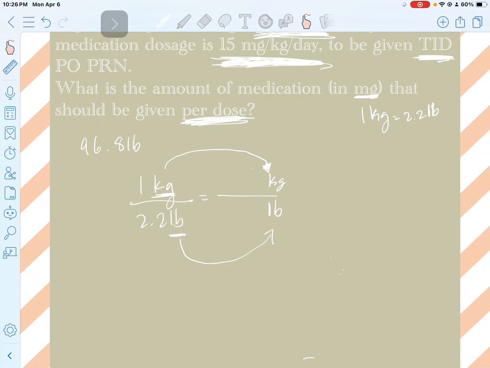We don't know the kilograms yet, but we do know that our patient is 96.8 pounds. So that's what we're going to write, 96.8 pounds. But we don't know the kilograms yet, but that's what we're going to get to because we already have 3 numbers. We have 1 kilogram per 2.2 pounds, and we also have the weight of our patient, which is 96.8 pounds.